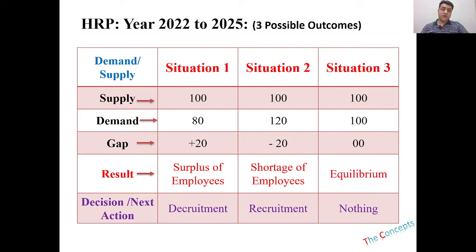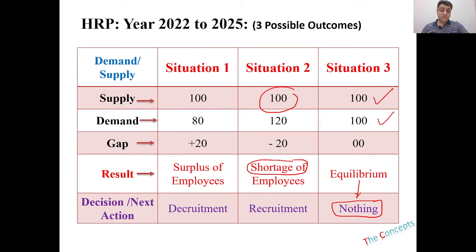So what to do now? If you have the equilibrium position, then you don't need to do anything because you are fine with the number of people and the kind of people that you want and the number of people that you have. In the second situation, you have the shortage of employees.